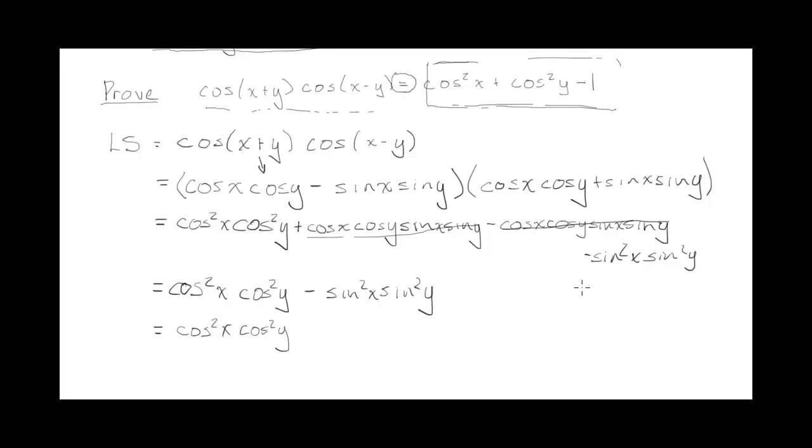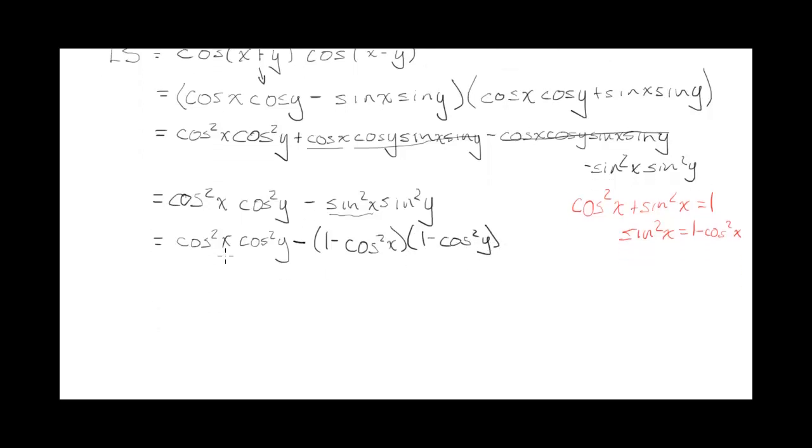The Pythagorean identity is cosine squared x plus sine squared x equals 1, or rearranged, sine squared x equals 1 minus cosine squared x. I'll make that substitution: minus, then 1 minus cosine squared x, times 1 minus cosine squared y. Now I'll expand.